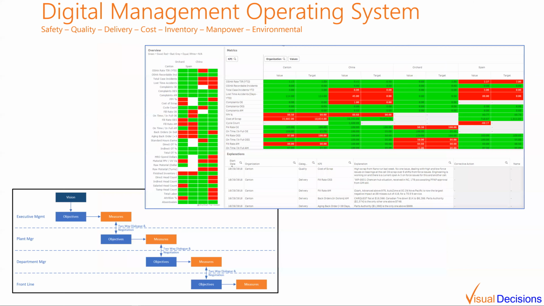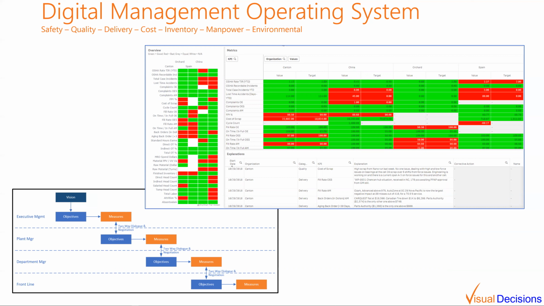Part of what we can do is put a digital management operating system in place, capturing the visibility of what's happening on the shop floor, within the supply chain, and from a demand perspective, and have that be visible to everybody in the organization for the things they need to see, where I'm good and where it needs attention.